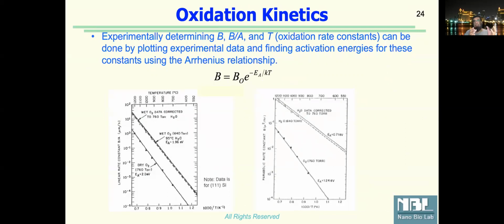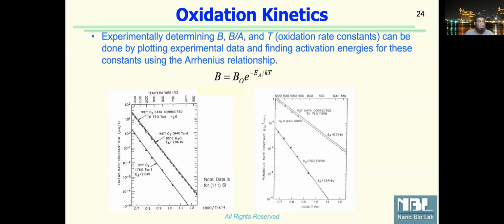So this takes the shape of these two plots which are shown here. I will not go into details, but the take-home message here is we have the values of B over A, and we plug into our relationship, and we can find linear rate constants and parabolic rate constants.